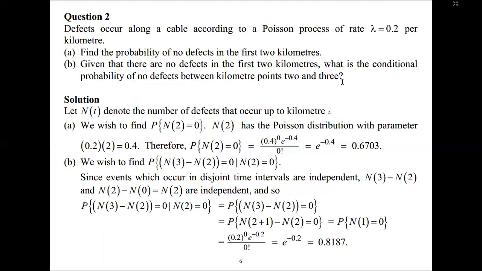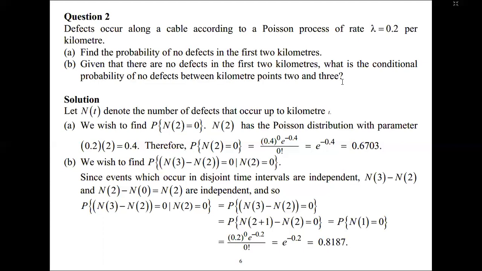Lambda is 0.2. And in this Poisson process, lambda always represents the rate of occurrence per unit time, or here, per unit kilometer. For every 1 kilometer, we expect that 0.2 defects occur.